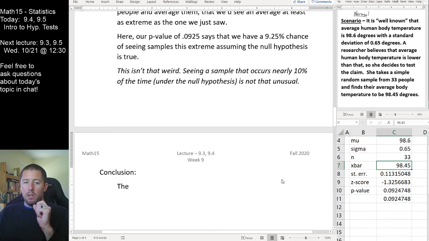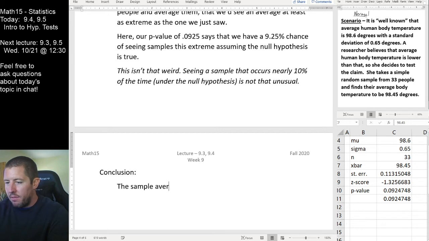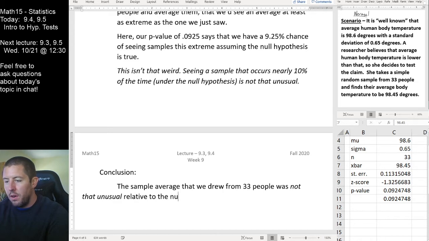So ultimately what we want to conclude here is that the sample average that we drew from 33 people was not that unusual relative to the null hypothesis average of 98.6 degrees.